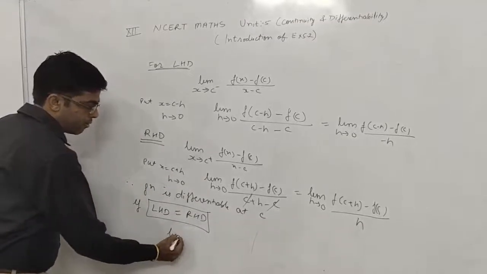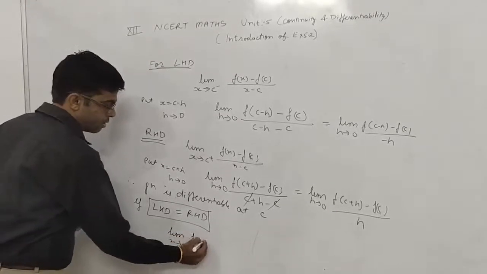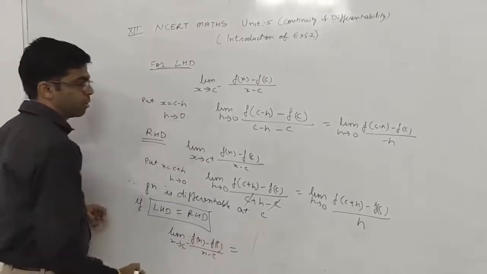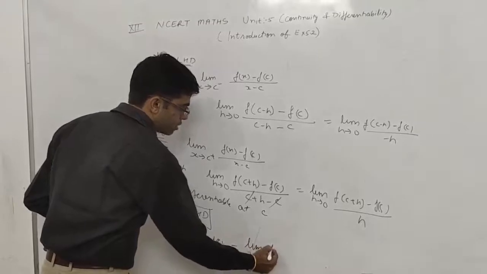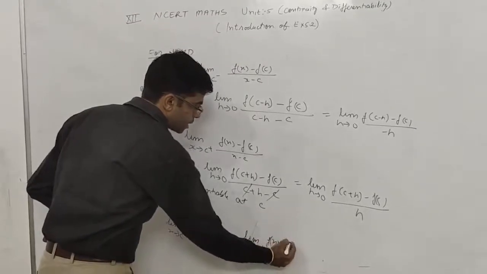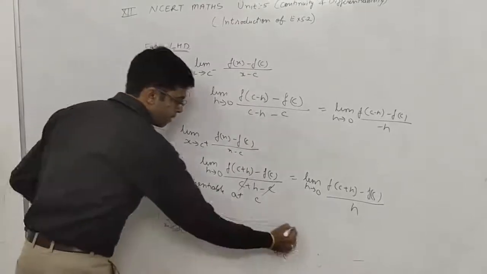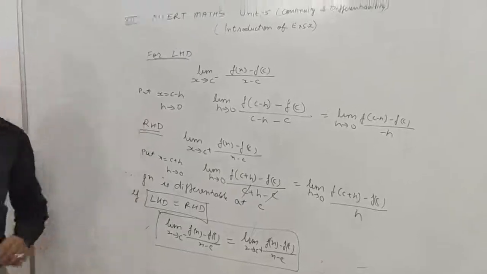Left hand derivative, limit x approaches c minus of f(x) minus f(c) upon x minus c, should be equal to limit x approaches c plus of f(x) minus f(c) upon x minus c, provided that both the limits exist.